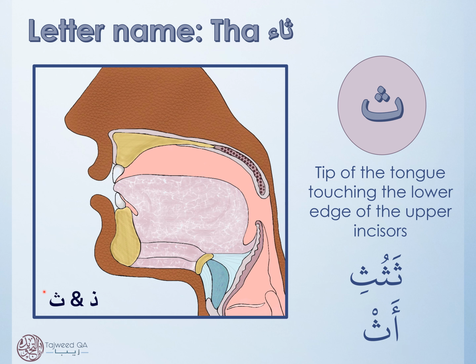And in this box you'll see that some letters have more than one letter written here. That's because some letters share an articulation point with more than one letter. So the dhal is also pronounced from the same makhraj, the same articulation point, as the tha. So tha, thu, thi, eth.